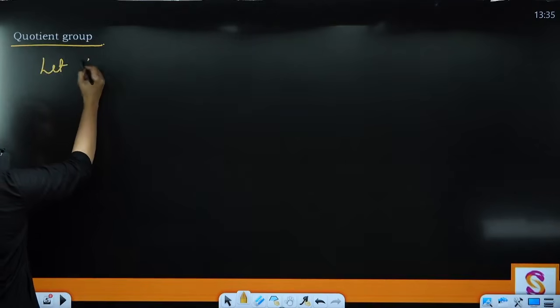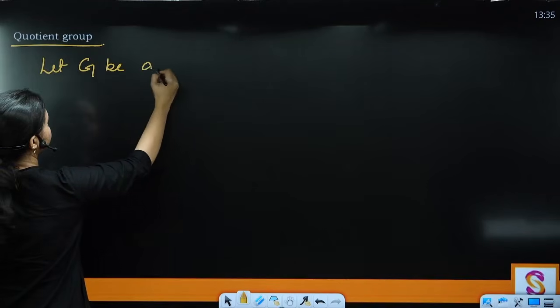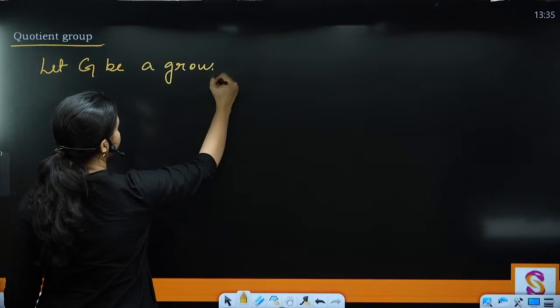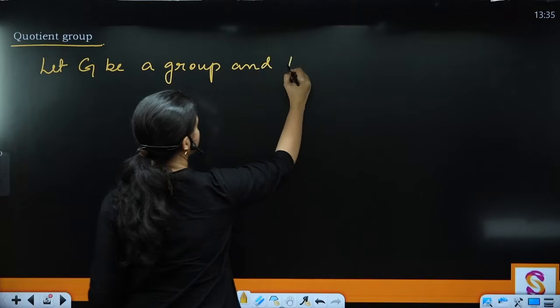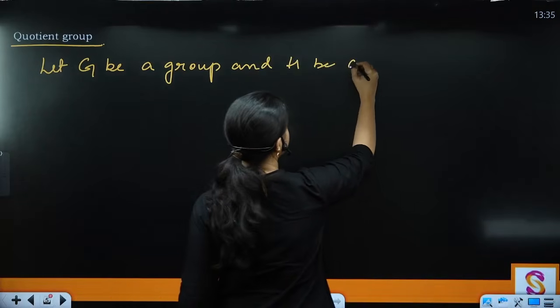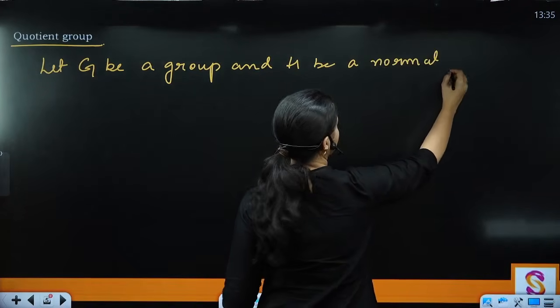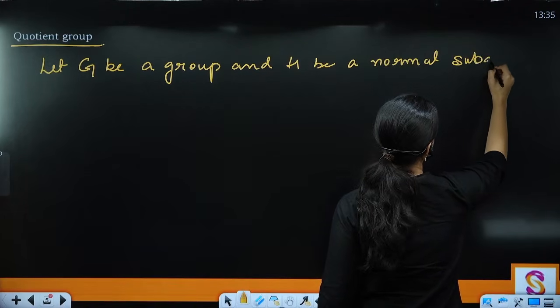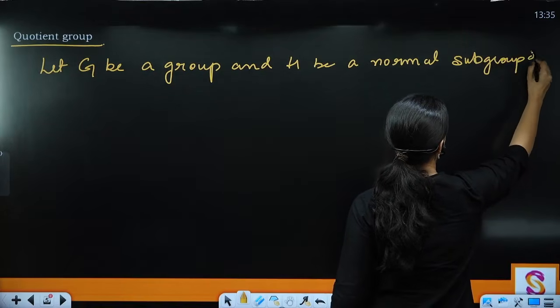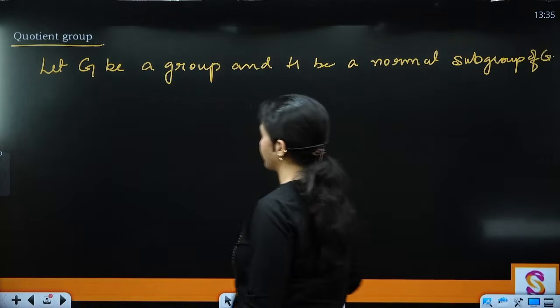Let G be a group and H be a normal subgroup of G, right?